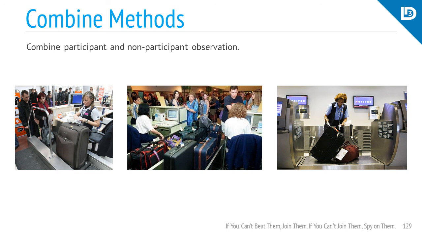Then you could get trained for a while and join in and become one of these airline people that check in bags and experience it yourself, experience a lot of different situations that passengers go through. And then you may have additional questions from that, so you might follow up with some traditional, non-participant interviews or some more contextual inquiries and observations.